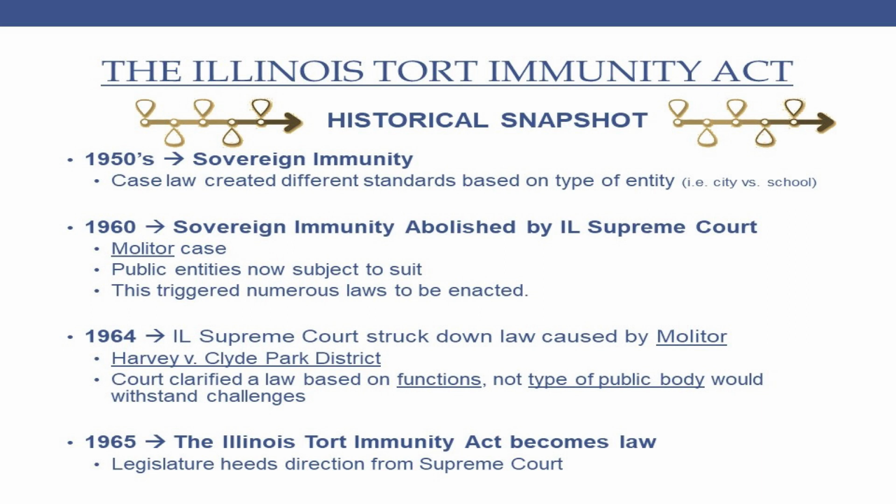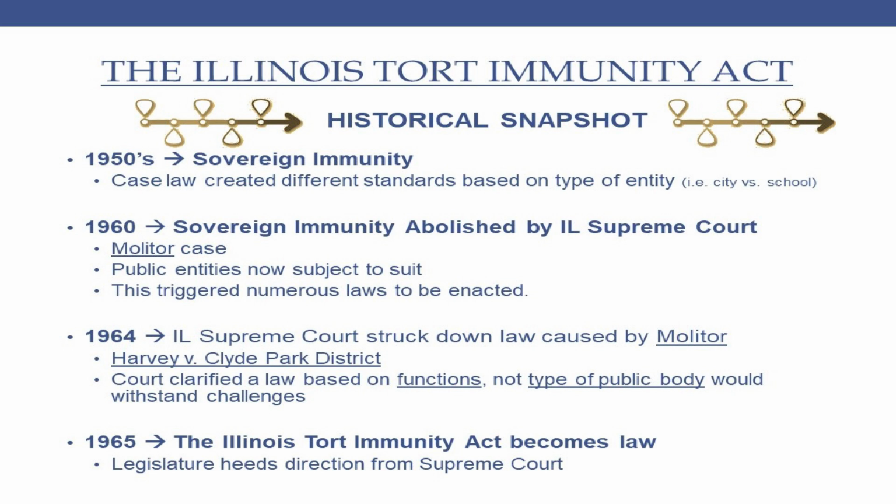The Illinois Supreme Court took a firm stand against these diverging rules in 1960 when it abolished the concept of sovereign immunity, meaning it said they could now be sued for tort claims. A number of laws rolled out in response to the Supreme Court's 1960 ruling in Molitor, and in 1964, one of those laws was struck down.